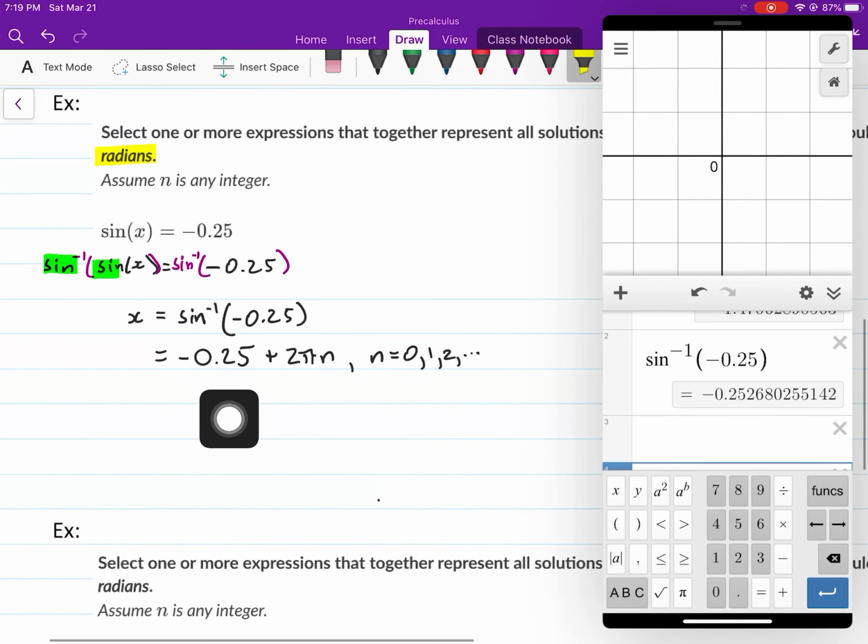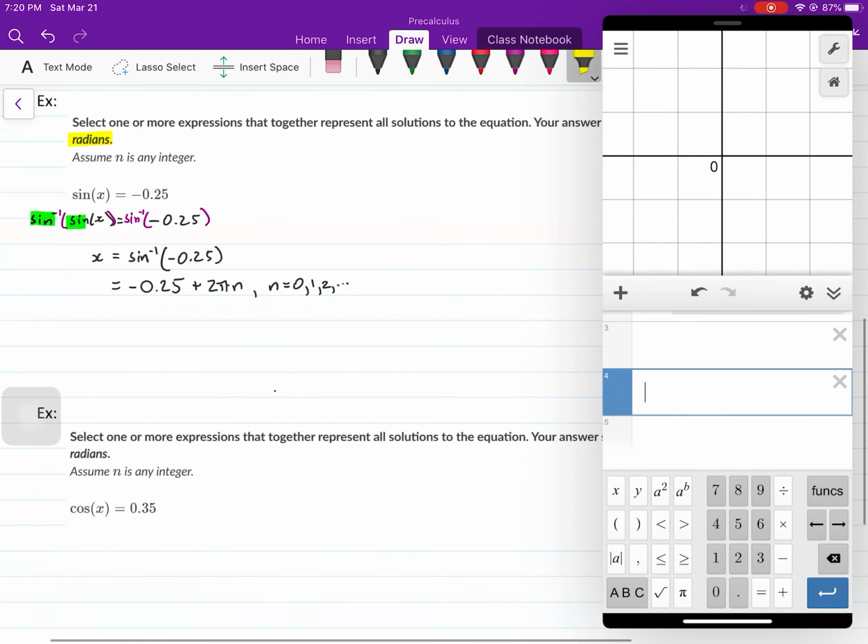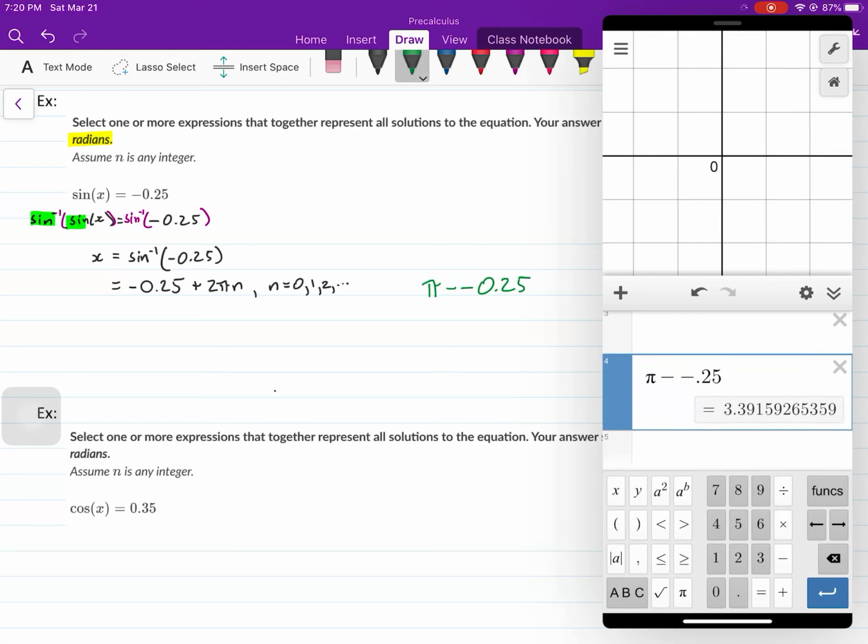So I can take this negative 0.25, and I can do pi minus that. So pi minus the negative 0.25 gives me 3.39.